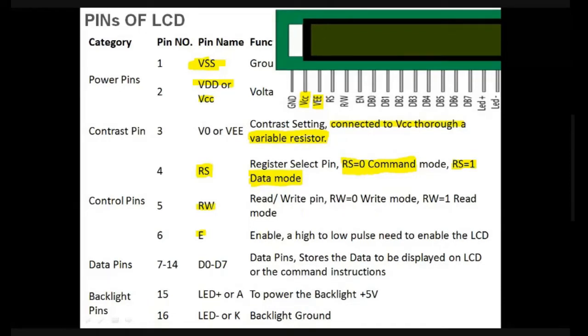Next is the control pin, RW, which is the read and write pin. Whatever data comes from the 8051, we have to read or write onto the LCD, so we require the RW pin.